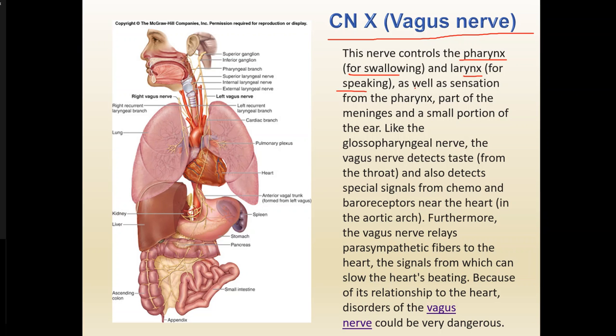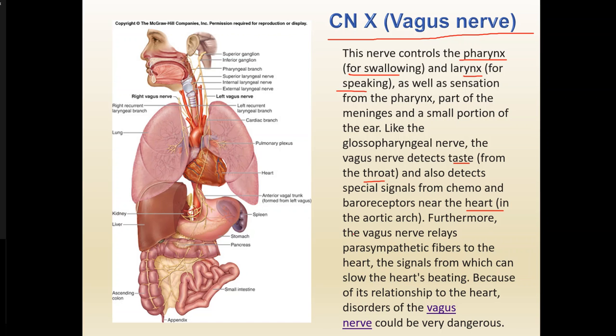So the vagus nerve detects taste, especially from the throat, but also special signals from baroreceptors, chemoreceptors near the heart, okay?